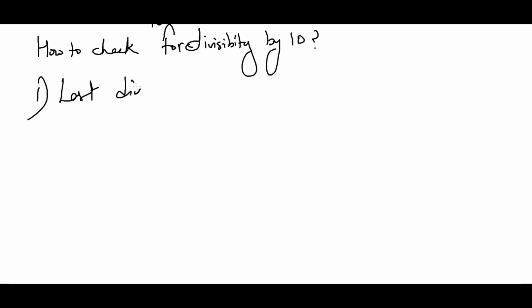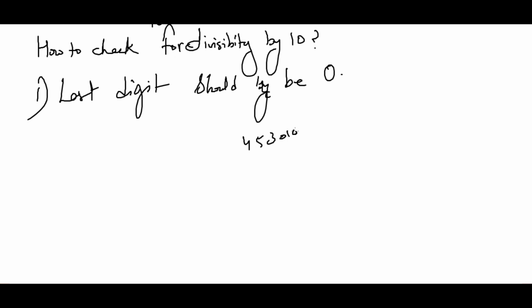The last digit should be 0. Yes, if the last digit is 0, then obviously it is divisible by 10, otherwise not. Simple. Like 453010. Yes, it is divisible because the last digit is 0. So that's how we can prove anything is divisible by 10.